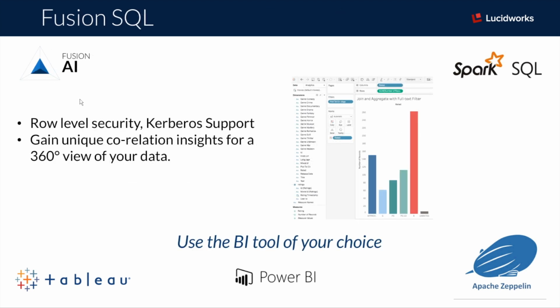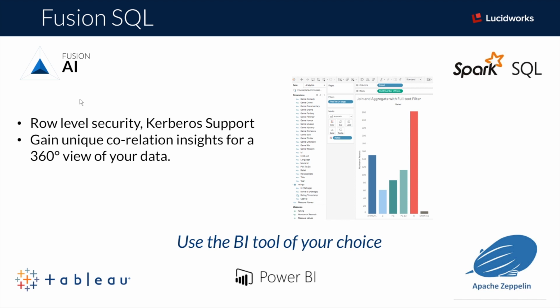In Fusion 4.1, we've added support for enforcing row-level security to safeguard your data. We've also added the ability to authenticate via Kerberos, and we made some significant performance gains through optimizing the SQL service's push-down strategies. We're excited to offer you the opportunity to gain unique correlation insights for a 360-degree view of your data.